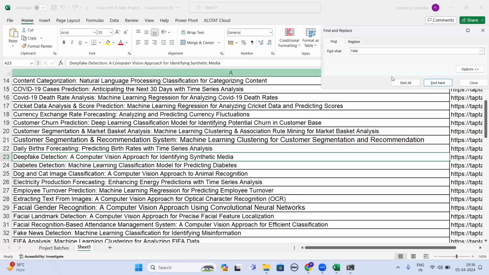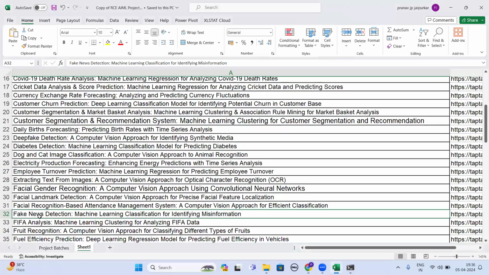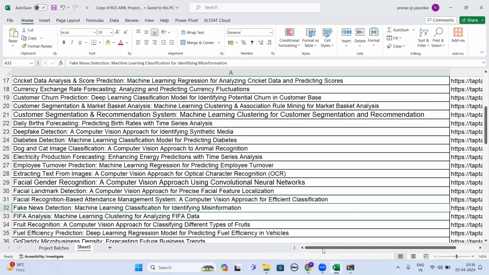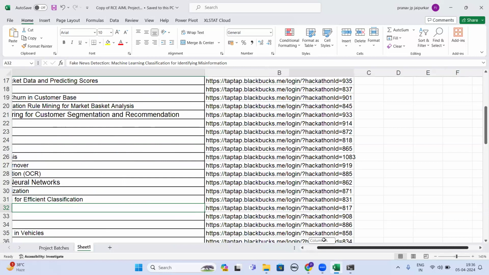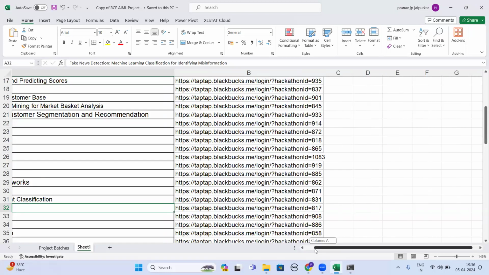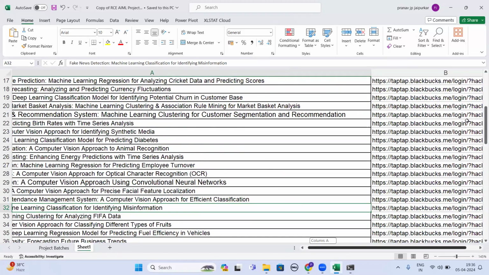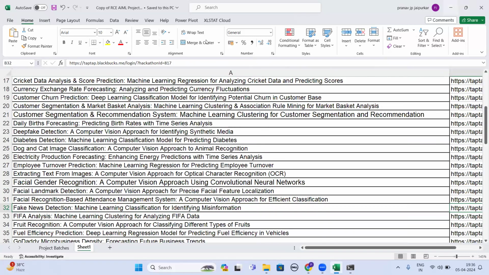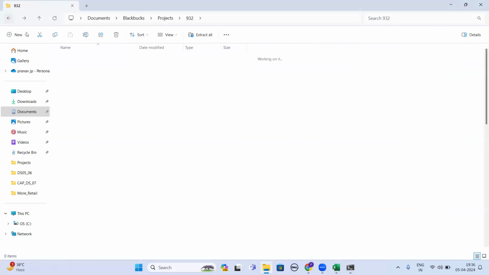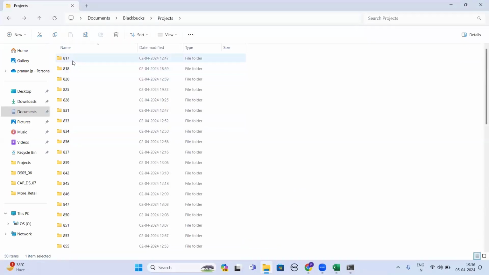Fake, deep computer vision problem, fake news detection. Okay, 32. So this is that problem. 32 is 817 if I'm not wrong. Right? So you can take 1 minute for 817.